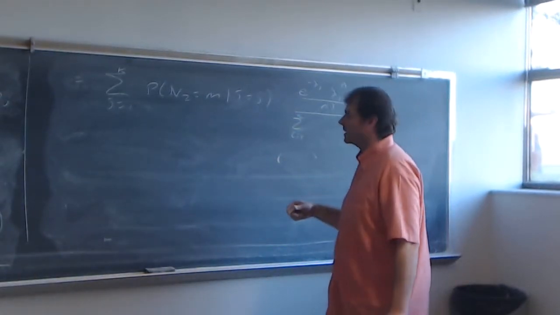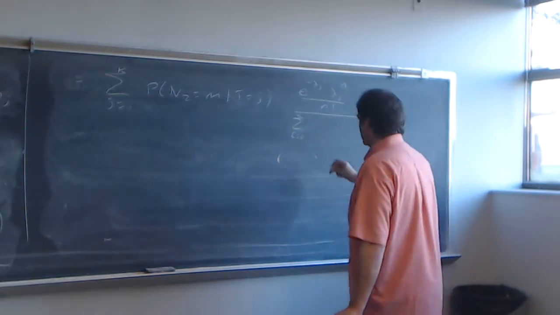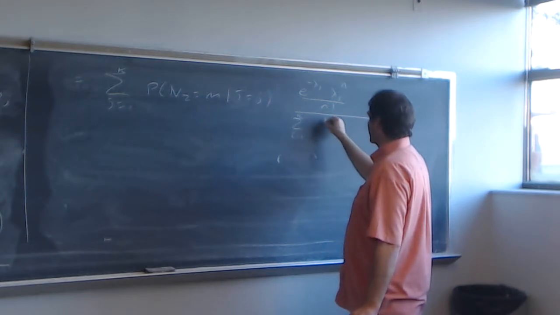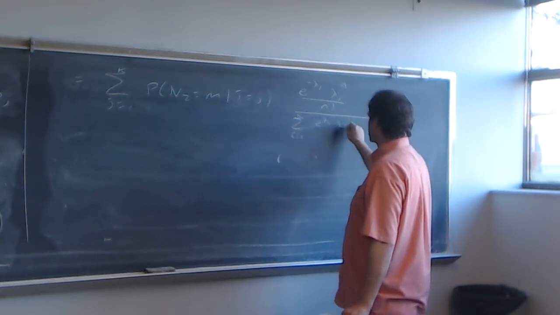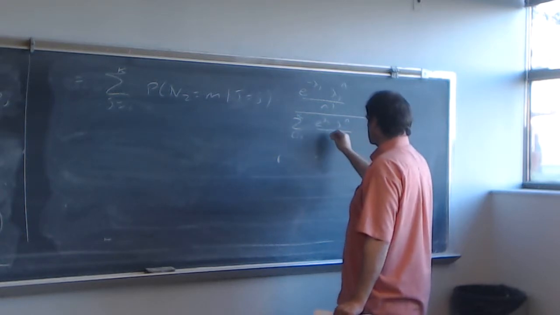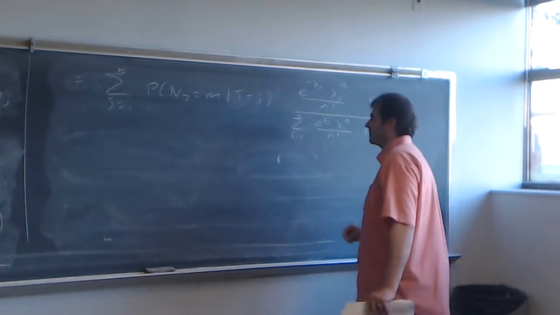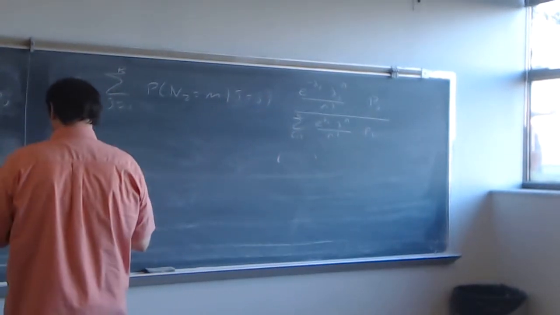Okay? So here, this should be n, not m. And so here, the probability of that happening is e to the minus lambda sub i, lambda sub i raised to the n over n factorial, and here we write down p sub i. So it's very similar looking to what we had before.